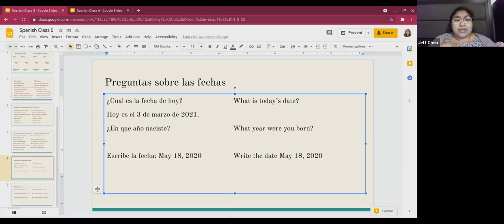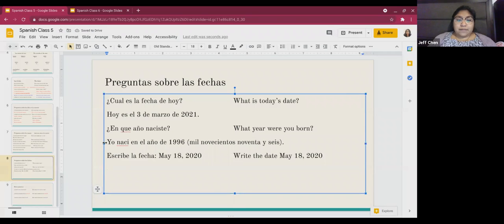So, yo nací en el año de 1996. Okay. So I'll put mine. Yo nací en el año de 1996. But I'll write it out. So that's my example, okay?